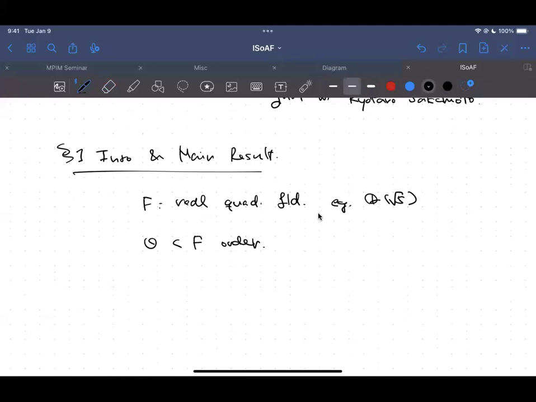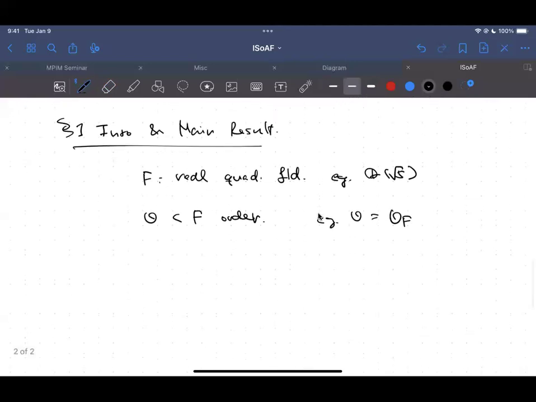If you are not familiar with orders, you can just think of it as the ring of integers, but we deal with a more general order. And for an order O, we let Cl+(O) denote the narrow class group.